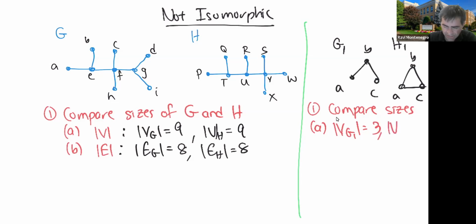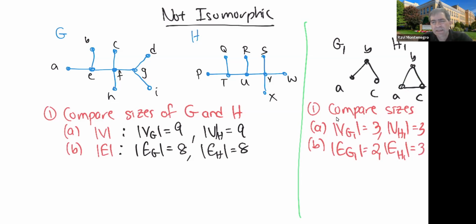And the number of vertices in H1 was also 3. Then the number of edges in G1, 1, 2 edges. And the number of edges in H1, 1, 2, 3. And in this case, they were different.